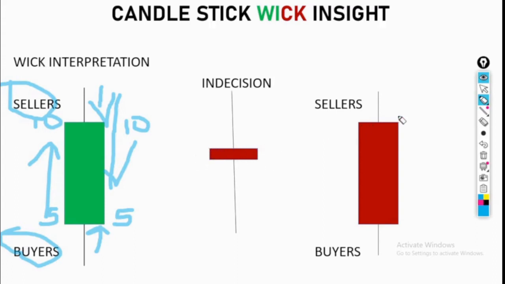And when we have a big candlestick like this that is red in color and more of a bearish candlestick, the red is showing you that the sellers are the major players in the market, while the green candlestick is showing you that the buyers are the major players in the market.